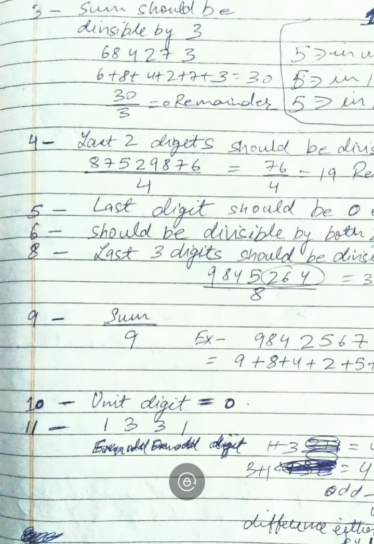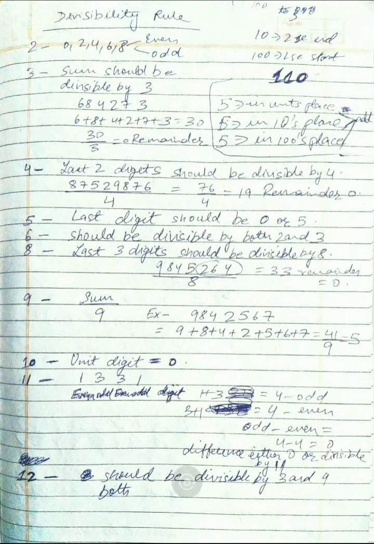Now we will see the divisibility rule by 3. For divisibility by 3, we have to add all the digits of the number. For example, if the number is 684273, as given in the example here, we add all the digits: 6 plus 8 plus 4 plus 2 plus 7 plus 3 is equal to 30.